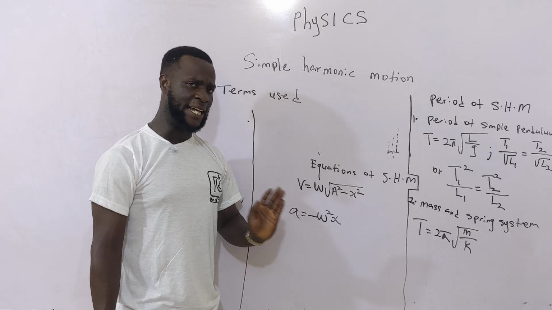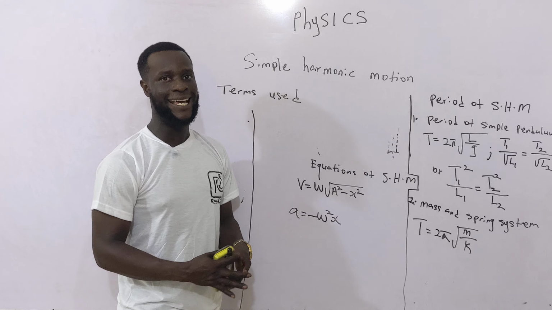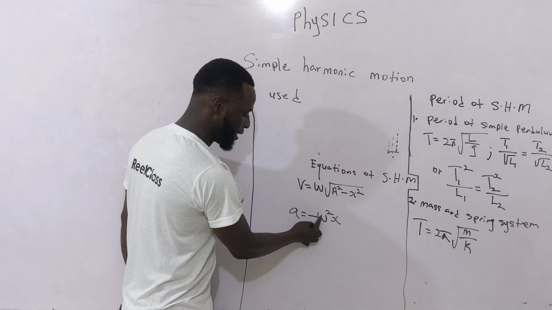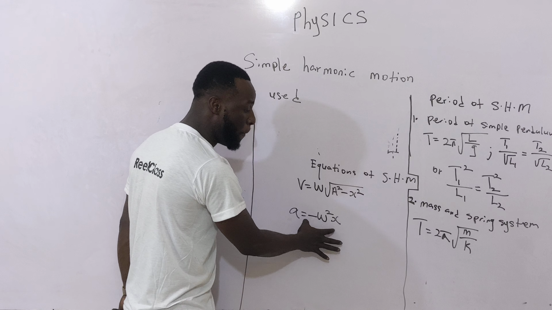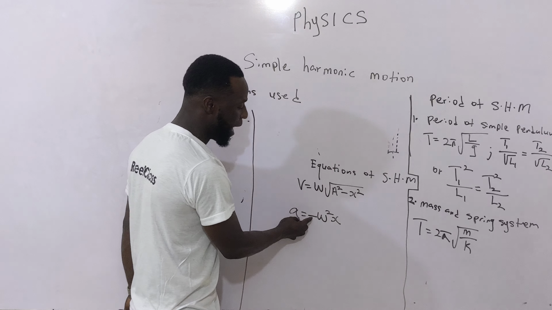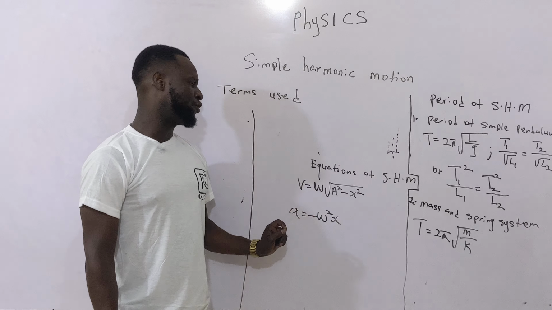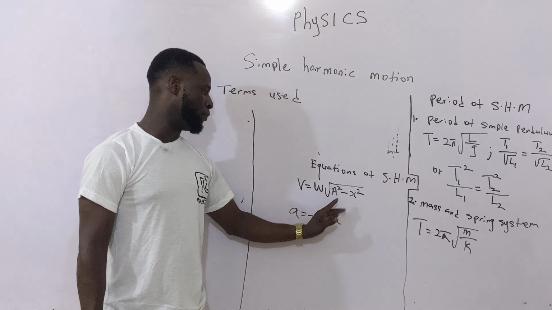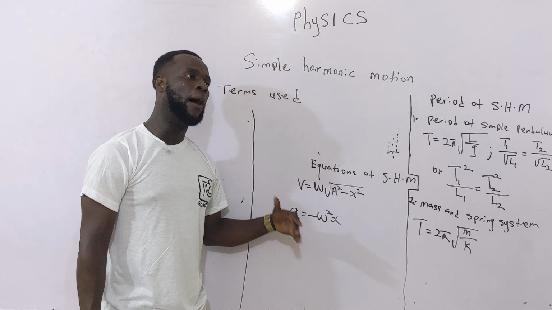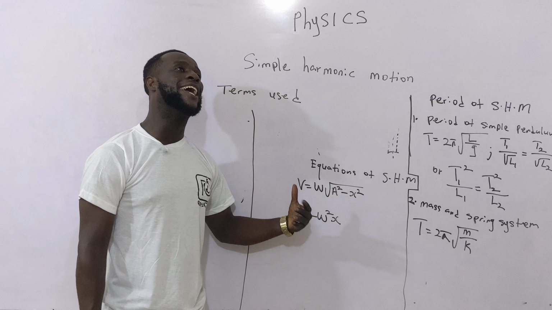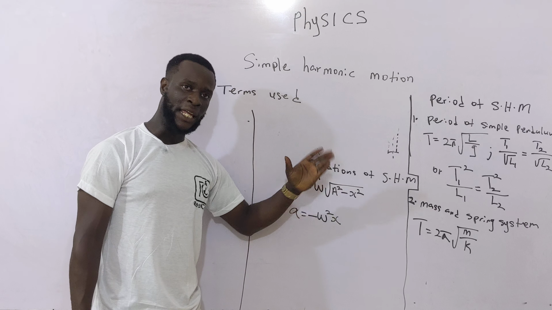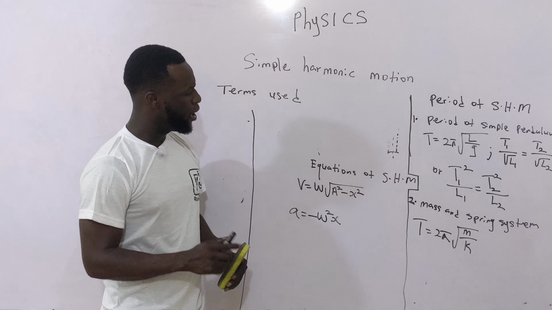But the negative sign tells us that the displacement and the acceleration are in opposite directions, and that is why there is a negative sign here. It is important for you to know that these two equations can change based on the position of the body in the path.